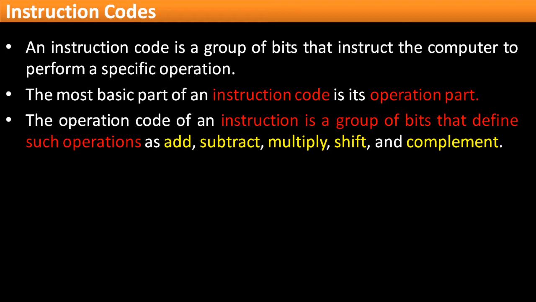So these are the operations that our computer has to perform, and the computer will perform these operations only when it encounters that particular instruction code. So the instruction codes are defined in the computer, and when that particular instruction is decoded, the computer will start the operation as per the instruction provided.